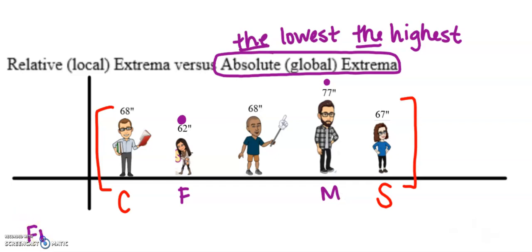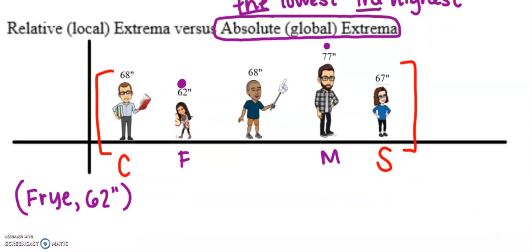So Fry is like the input, where the minimum happens. 62 inches is the absolute minimum value. Whereas McConey is where the absolute maximum happens. 77 inches is the maximum value, inputs and outputs.